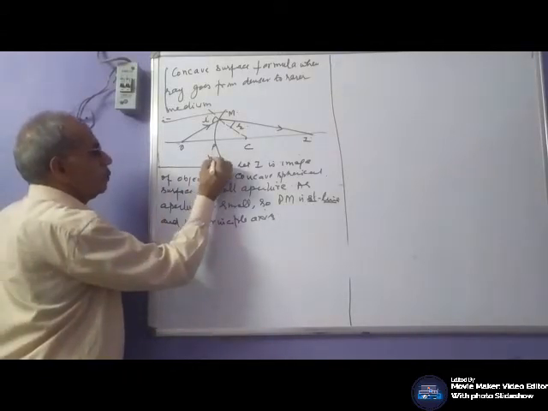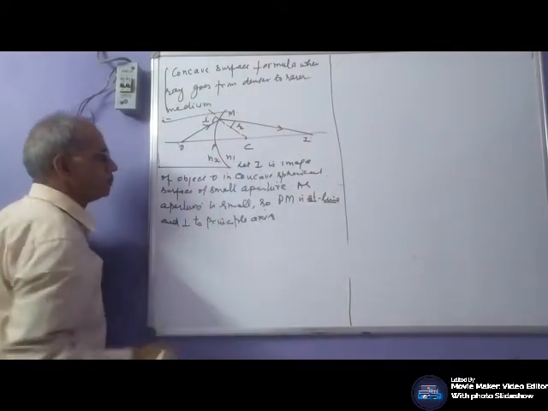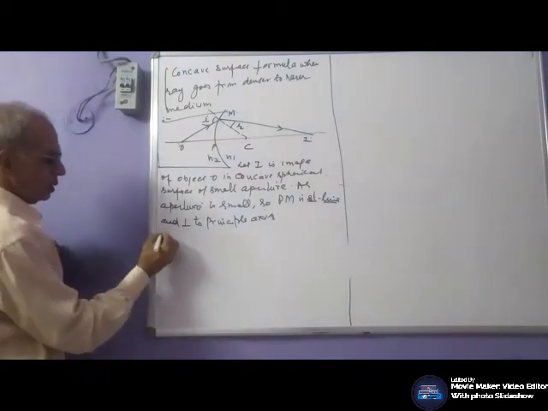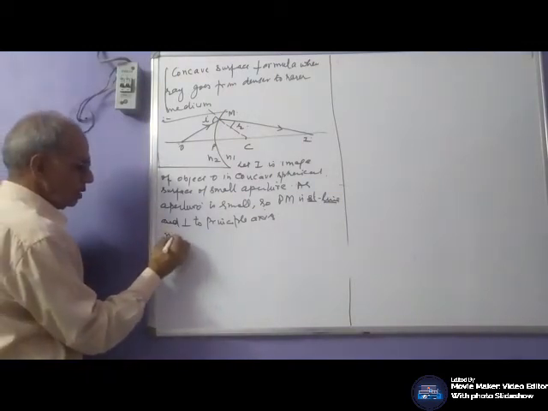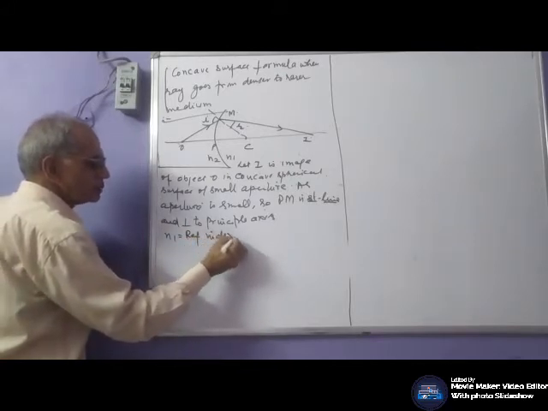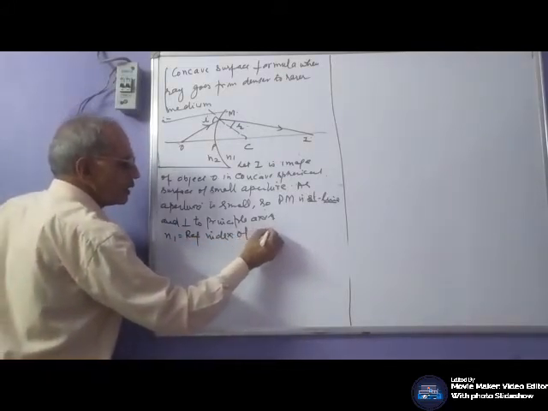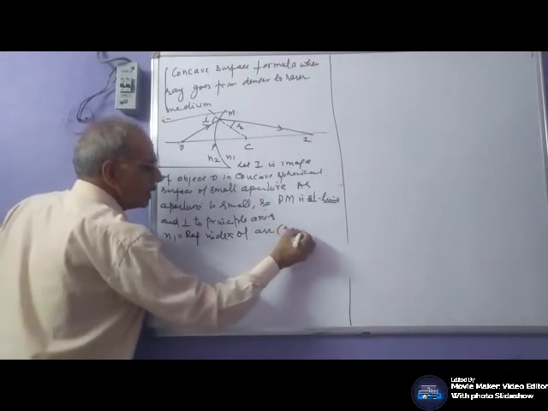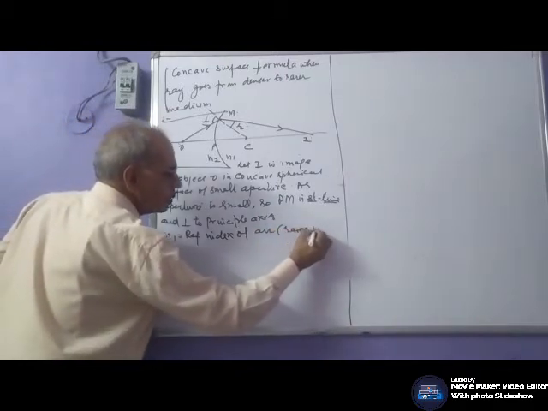This is N2, this is N1. N1 is the refractive index of air, the rarer medium.